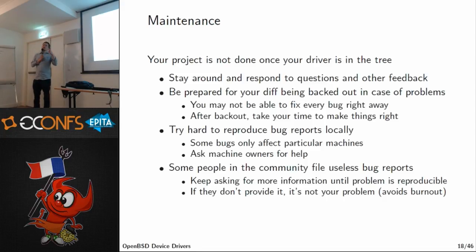And so if you try to fix all of them, you're spending all your time just fixing other people's problems. And if they are lazy about providing details to you, you have to keep asking, and eventually it gets very tedious. And sometimes it's okay to just let something slip and say, I cannot reproduce this bug, I cannot fix it, it's not my problem, because otherwise you get worked out. It's just not possible to keep up. You just want one person.